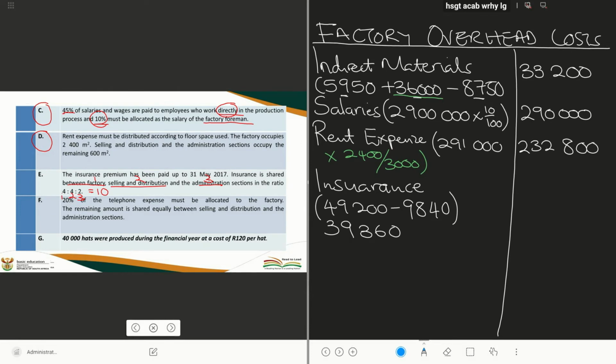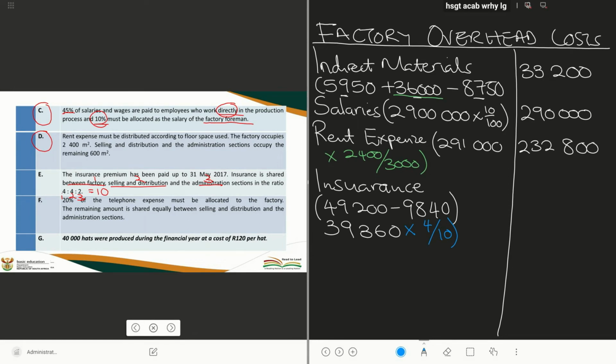Simple. It simply means you now say 39,360 multiplied by 4 over 10. And it will give you 15,744. Okay?